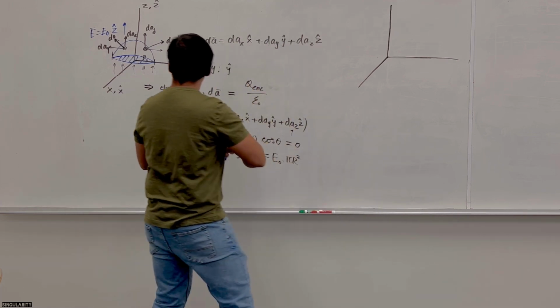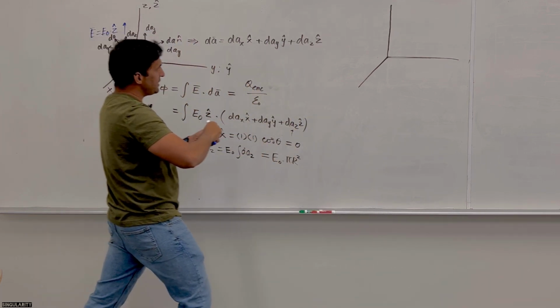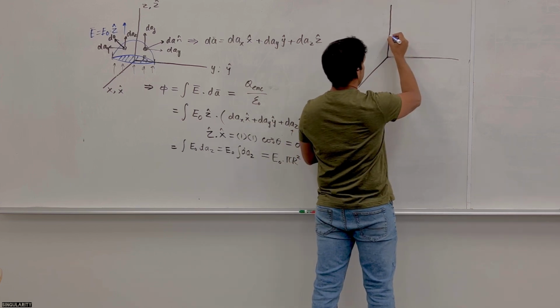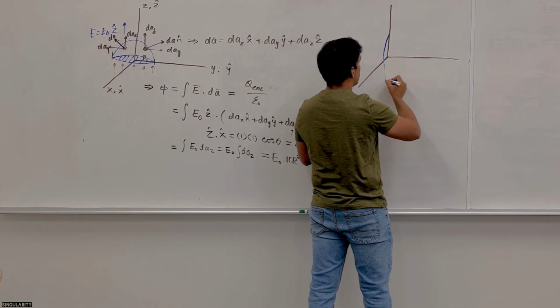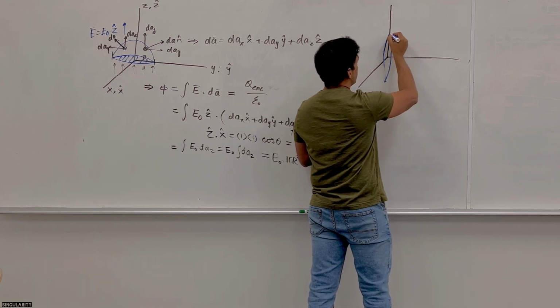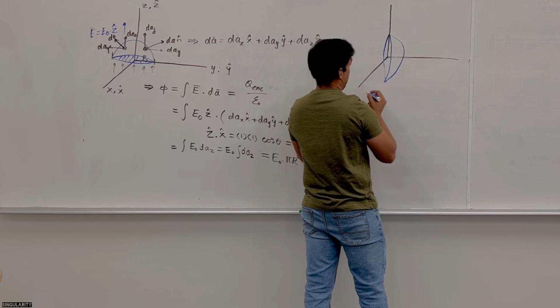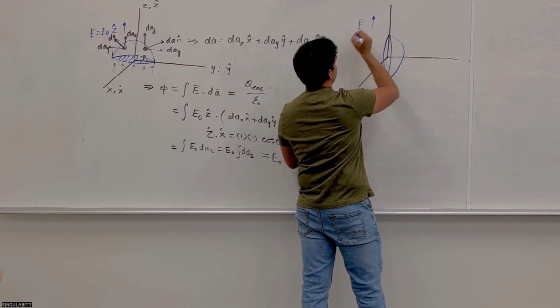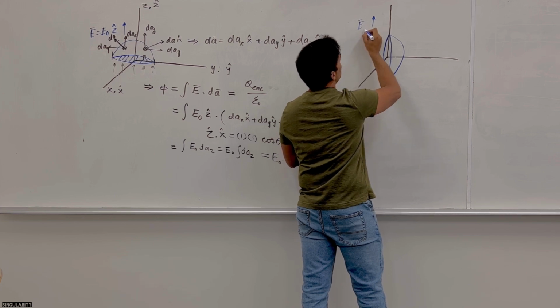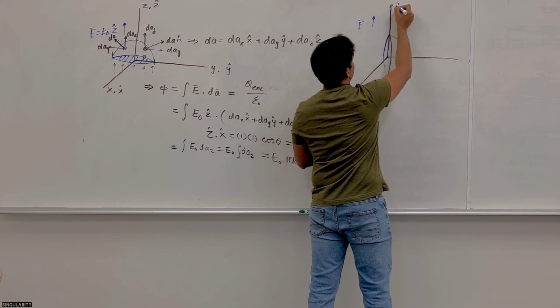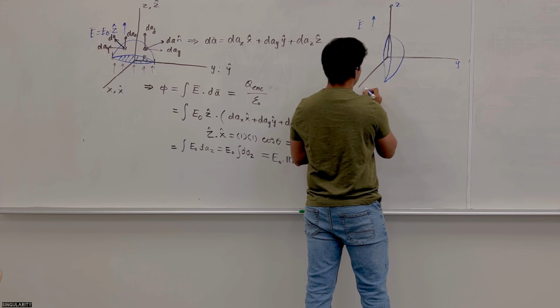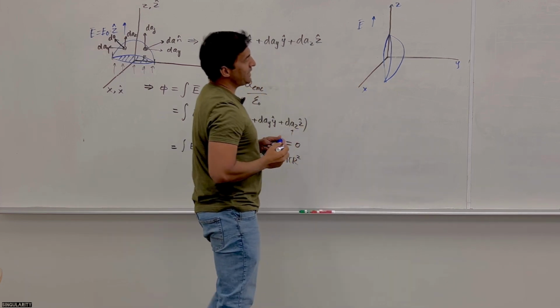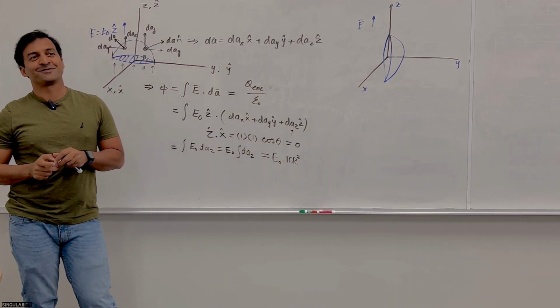If I rotate it clockwise, then the bowl will sit somewhere here. The electric field is still along the z-axis. So this is E along the z-axis, and this is the z-axis, y-axis, x-axis. Now what is the flux through this bowl?